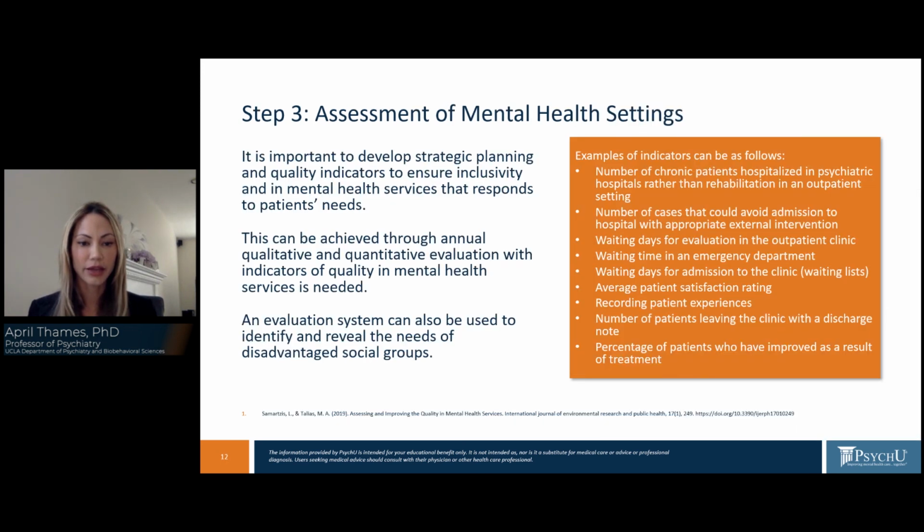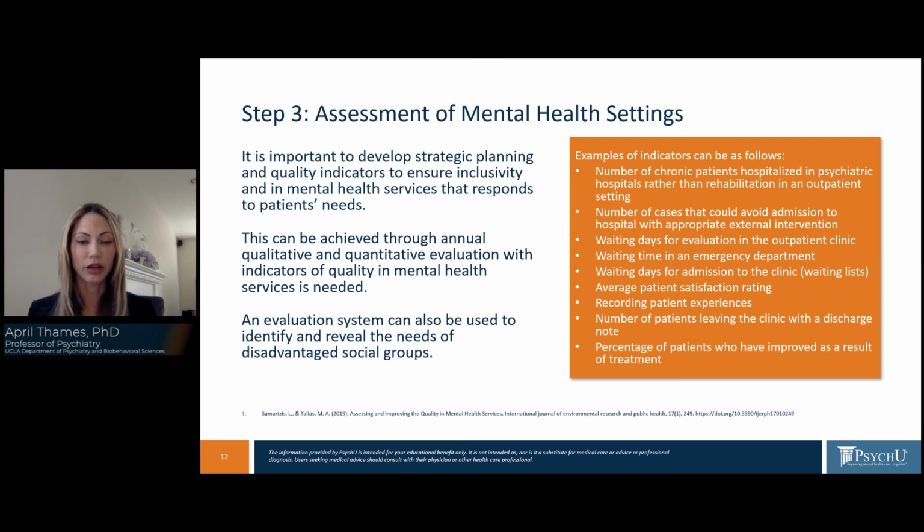And so as we think about the mental health setting, there are ways to develop strategic planning and quality indicators, to think about basically a program evaluation of one's own setting. And there are some ways to do this. One is by creating benchmarks of success.